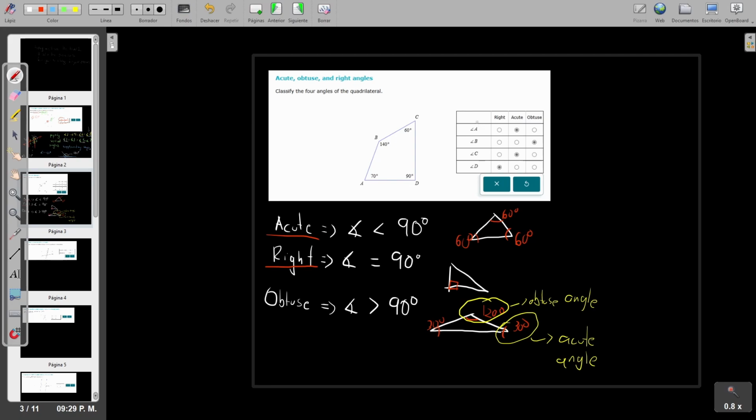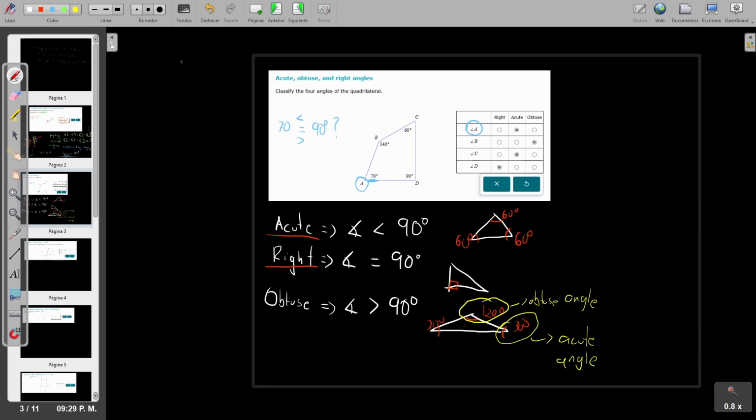Okay, now going with the exercise. They're asking us for angle number A. We need to identify angle A, which is the one on point A. Its value is 70 degrees. We compare 70. Is 70 less, equal, or more than 90 degrees?